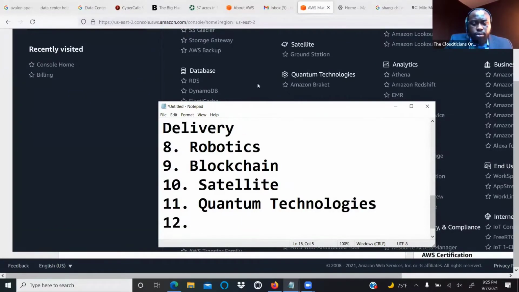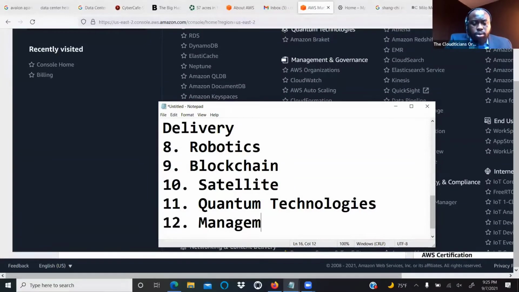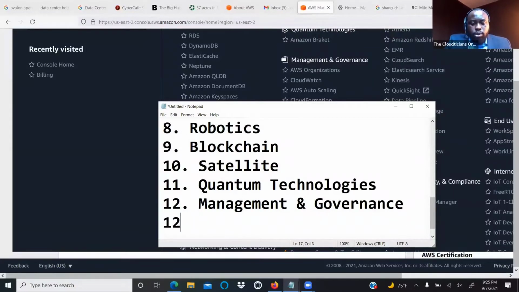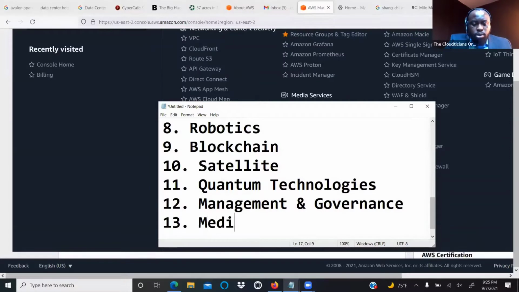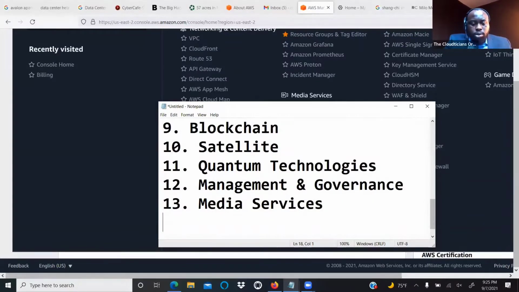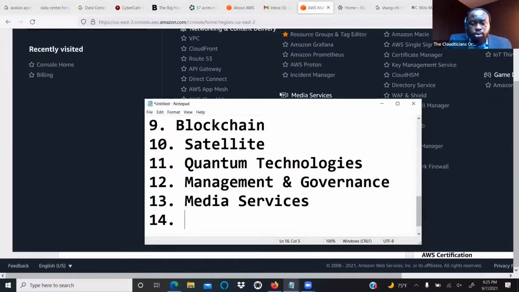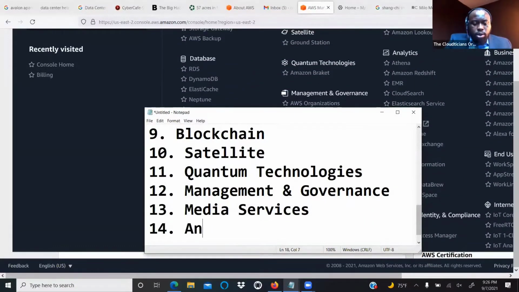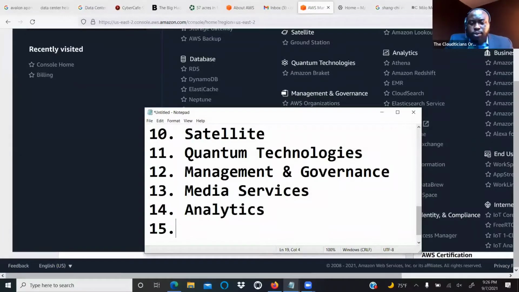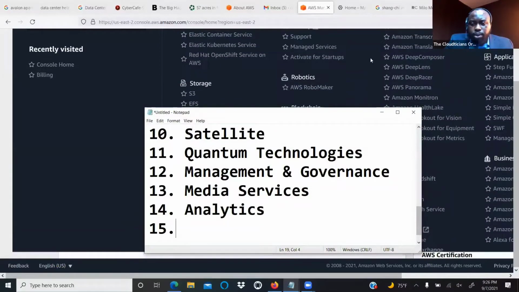Twelve, management and governance. Thirteen. Fourteen, analytics.